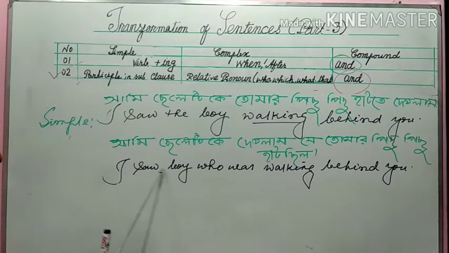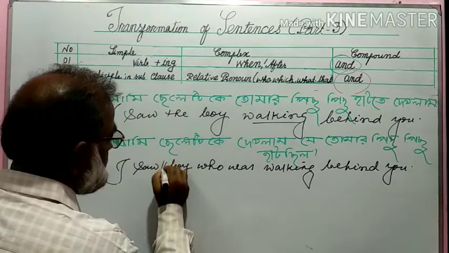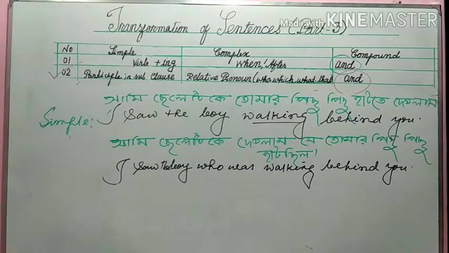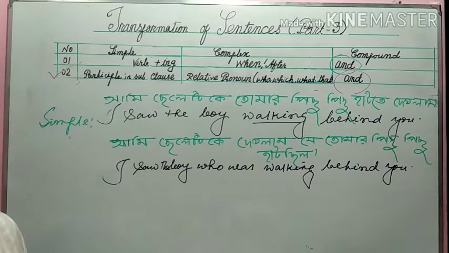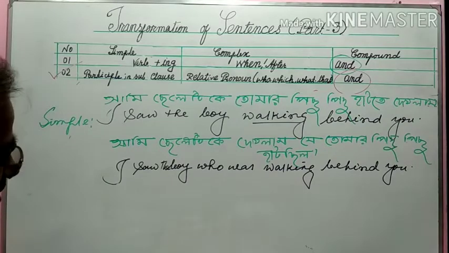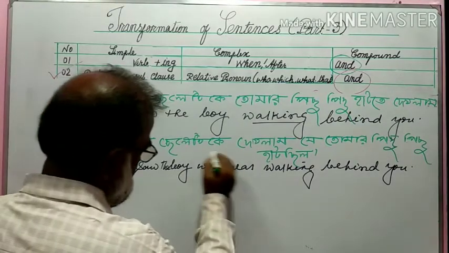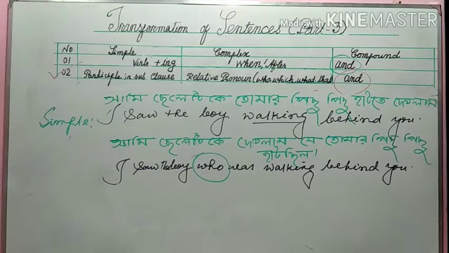I saw the boy. I saw the boy who was walking behind you. This is a complex sentence. We have used here a relative pronoun, which works as a conjunction in this sentence.